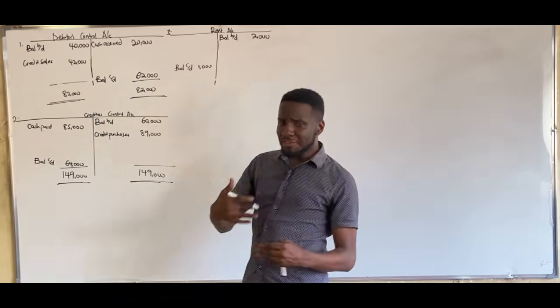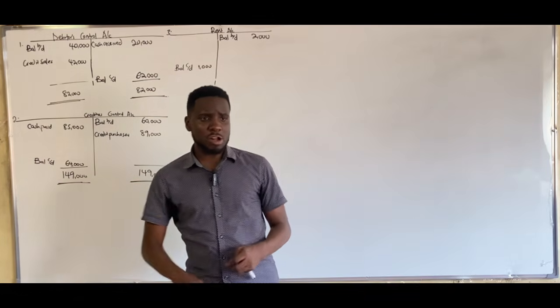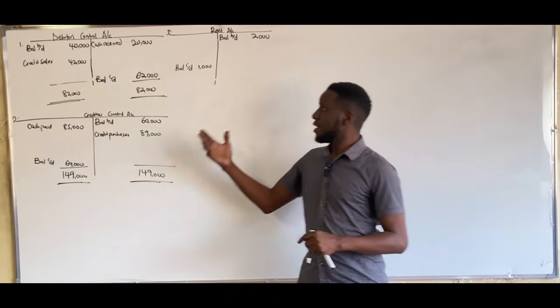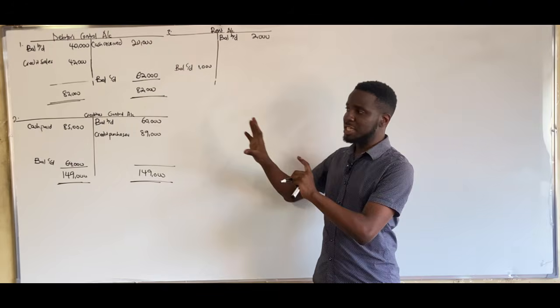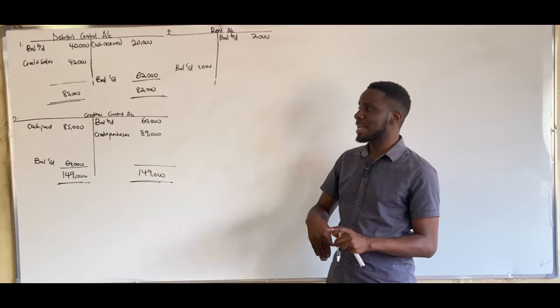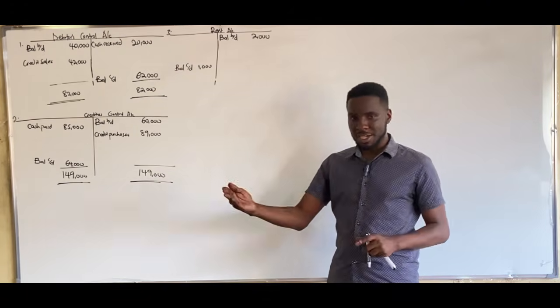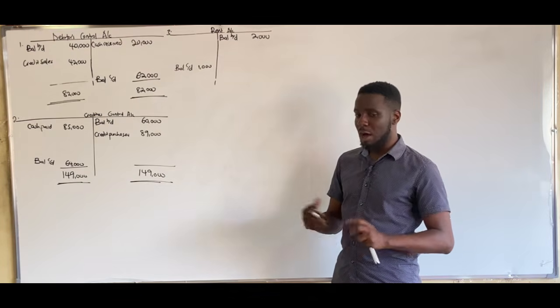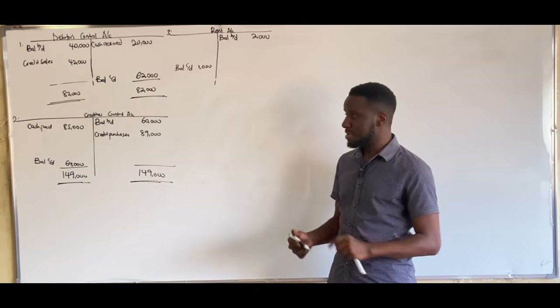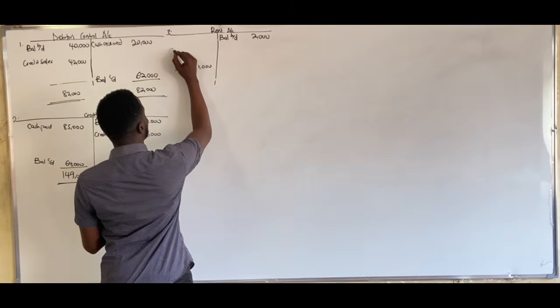Now, if you check in the question, they also told us that rent was paid by check. So if rent was paid by check, how much was paid? They gave us 5,000. So you come here and say bank.